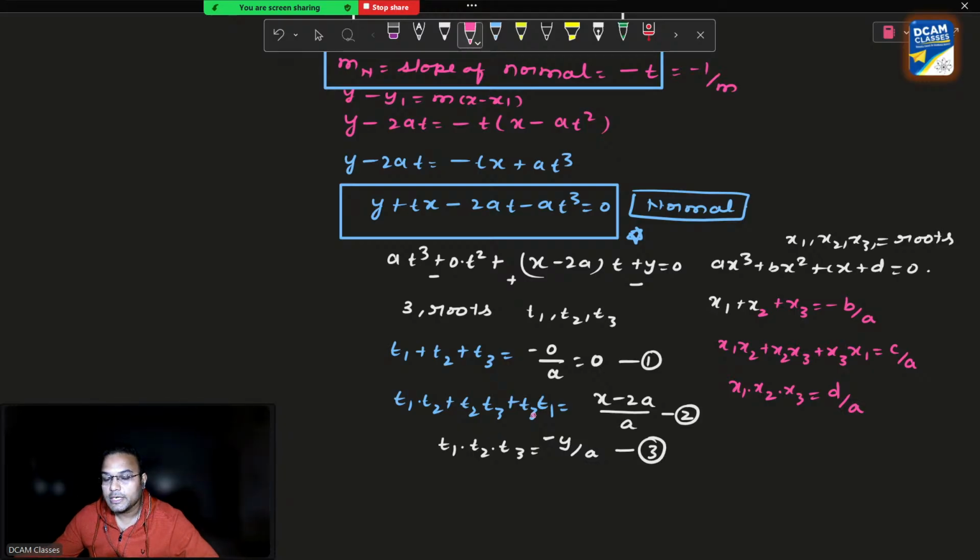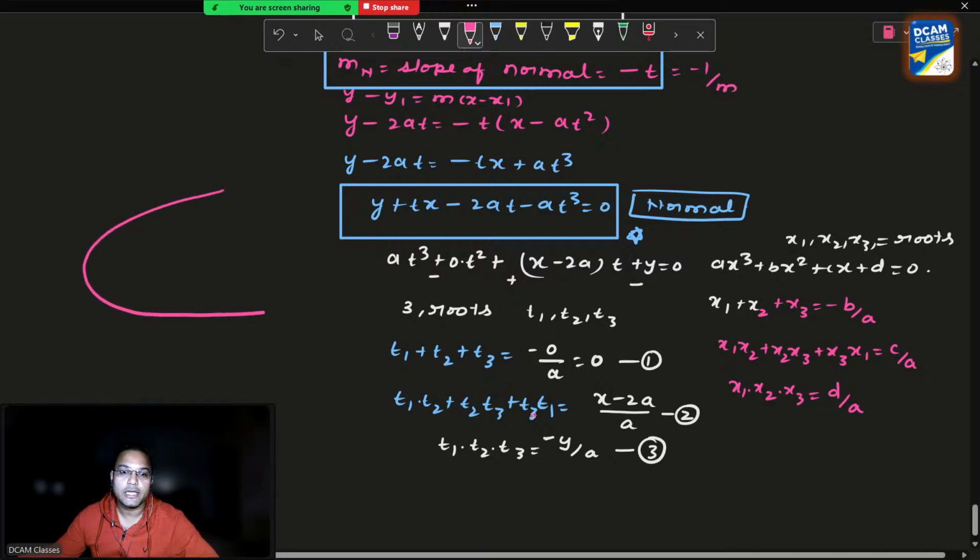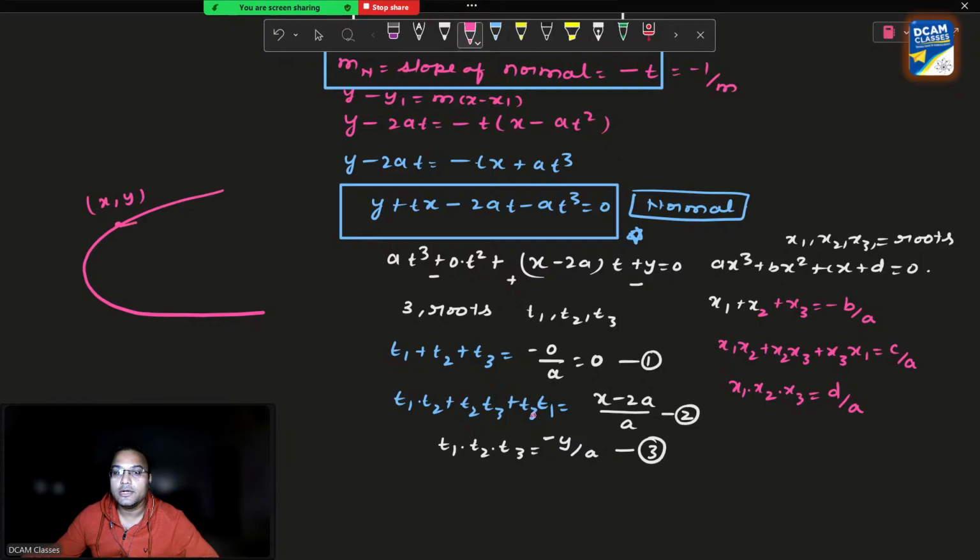This equation that I have written, at cube plus 0 into t square plus x minus 2a into t plus y, this is nothing but the equation of normal. It says whenever you have a parabola of this type, whenever you have a point x comma y on the parabola, you can actually draw three normals from this point to the parabola.